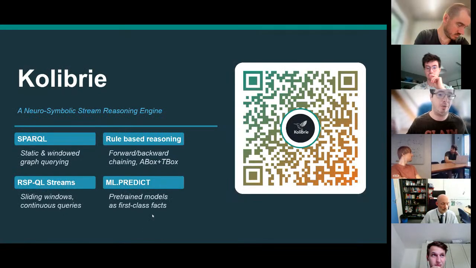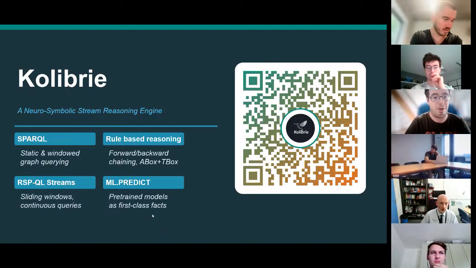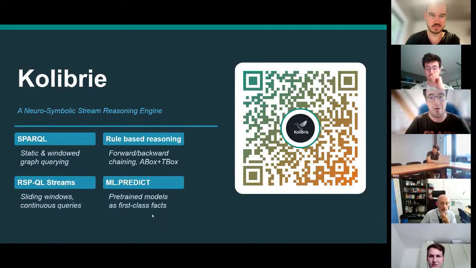So what is Kolibrie? Kolibrie is a neurosymbolic stream reasoning engine, and the main idea was for us very simple. We want one declarative system where we can combine SPARQL querying, rule-based reasoning, RDF stream processing, and machine learning prediction into one framework.